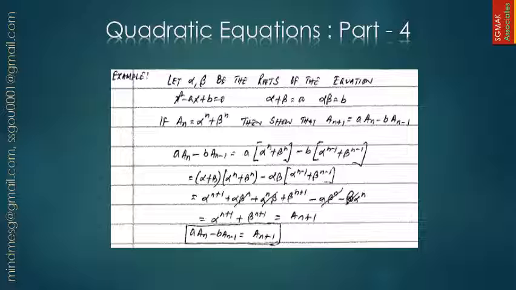Only thing you have to remember is that when I multiply alpha with alpha raised to the power n, since the base is the same, the powers get added. So that's how we get alpha raised to the power n plus 1 plus beta raised to the power n plus 1, which is equal to the relation given, a_(n+1). So the relation holds.